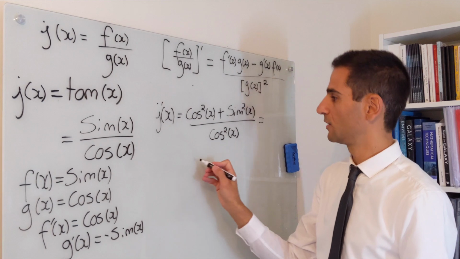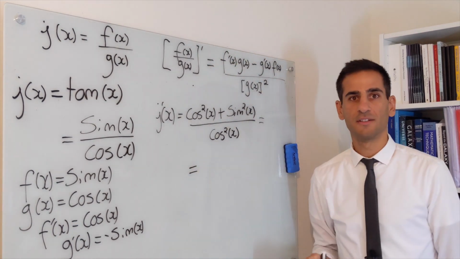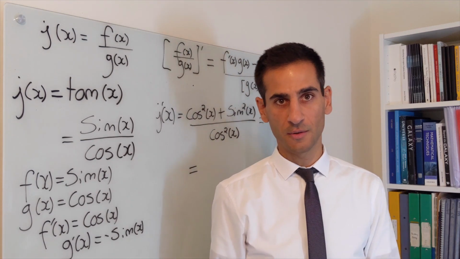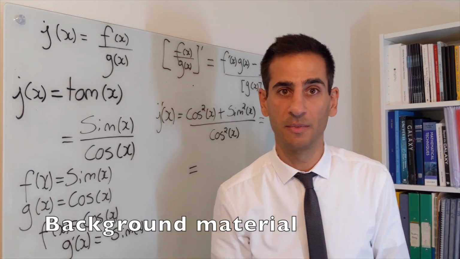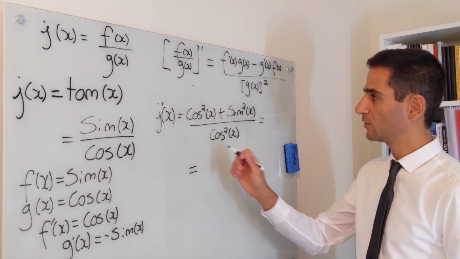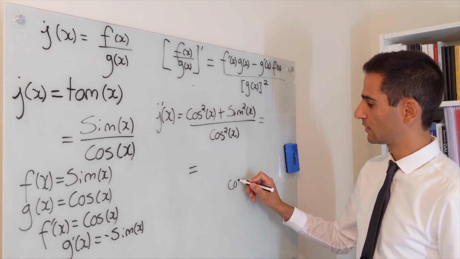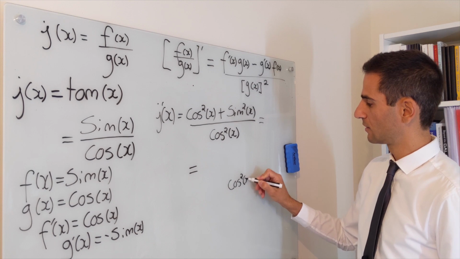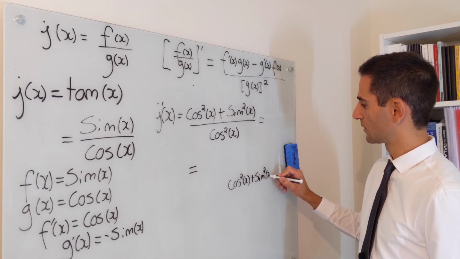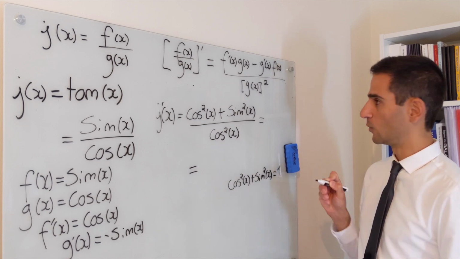What we can do here, very simply, is to recap, and this is another call. If you haven't done so, look at the background material, including trigonometric identities, which we can use here, as we know that cos squared x plus sine squared x is equal to 1.